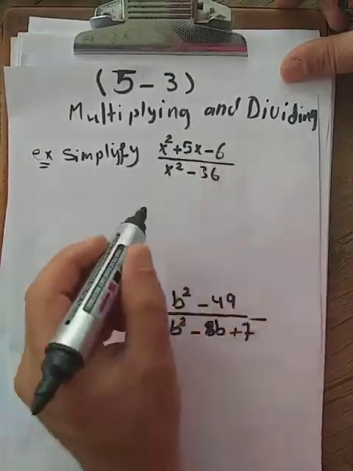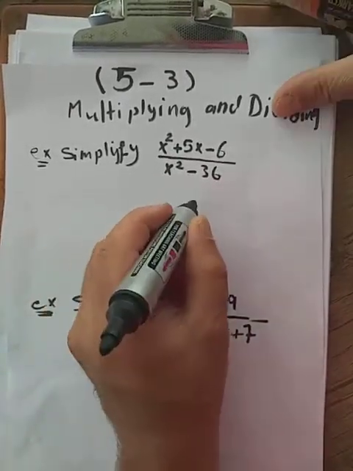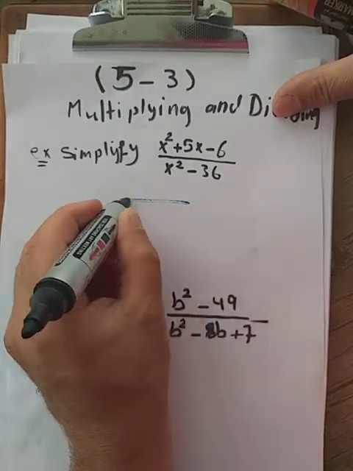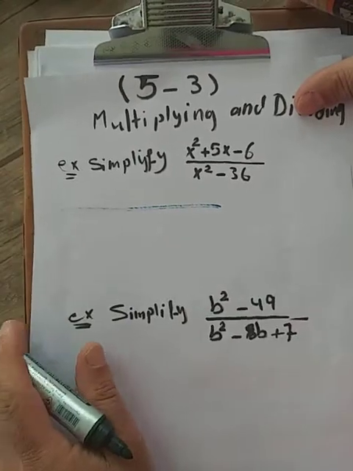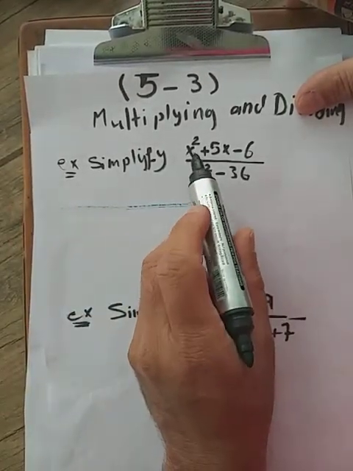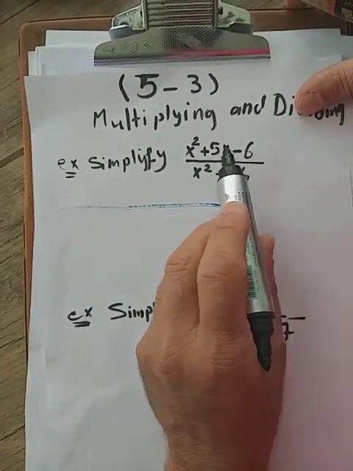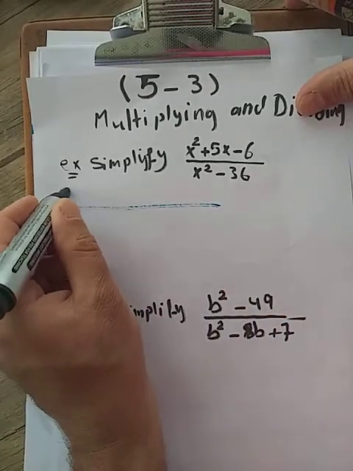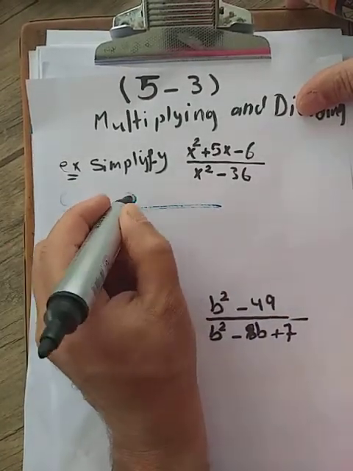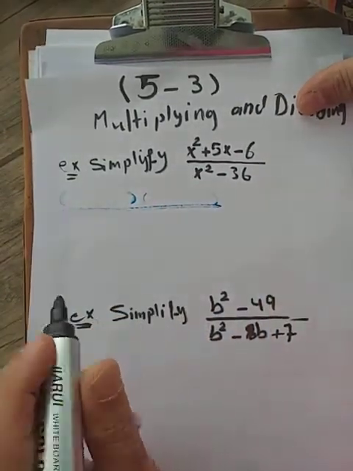First, we look at the numerator. We try to factorize the numerator. As you see, we have three terms. We try to factorize by testing.